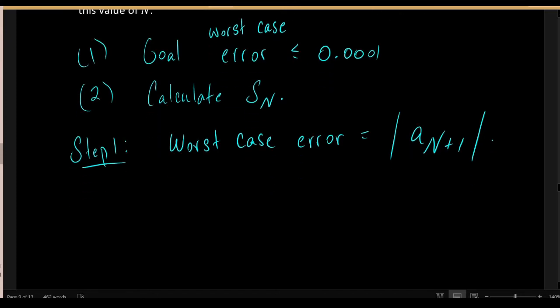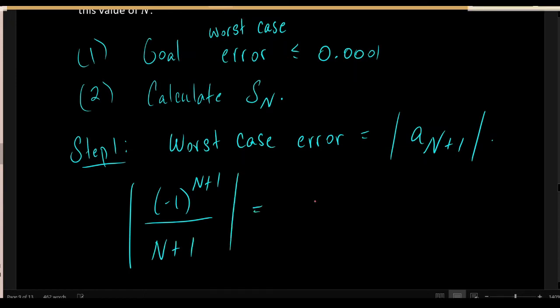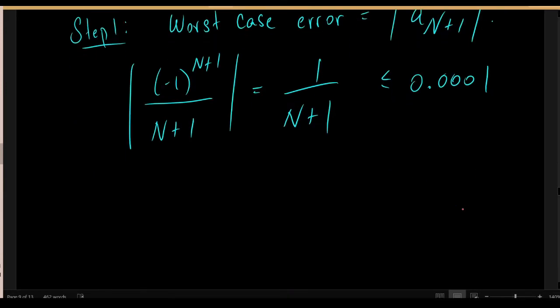We have the absolute value of (-1) to the n plus 1 divided by n plus 1, which simplifies to positive 1 over capital N plus 1. And our goal is to make that less than or equal to 0.0001. So in other words, we want to make sure that 1 over 0.0001 is less than or equal to n plus 1.